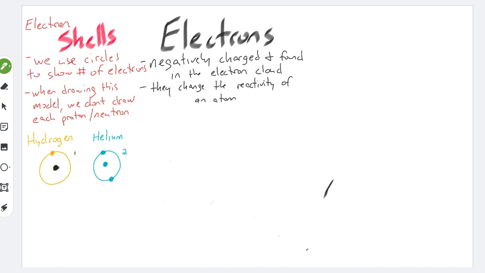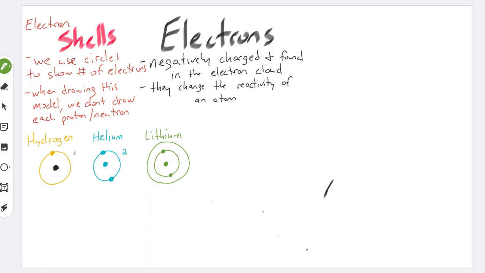And then the next one is lithium. We're going to again draw the nucleus, draw one electron shell, and then another. And on this one, something different is going to happen.